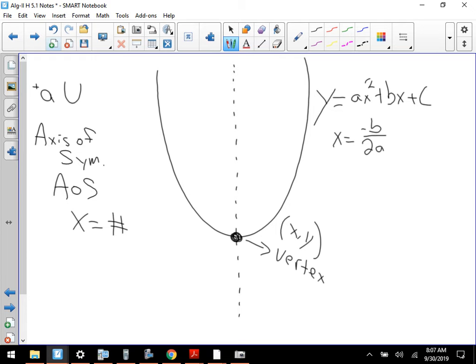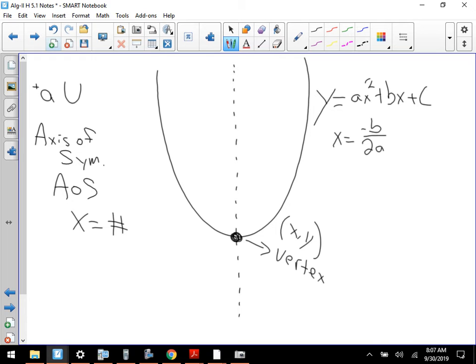So if I want to figure out the axis of symmetry, that's going to be where x equals the opposite of b over 2a. Well, what's the opposite of 6? Negative 6. Negative 6 divided by 2 times 1, which works out to be negative 3.